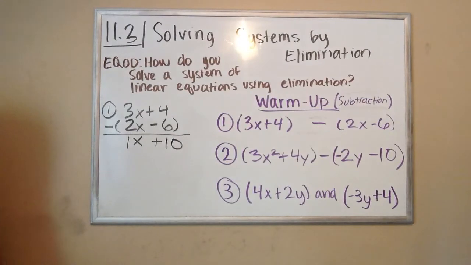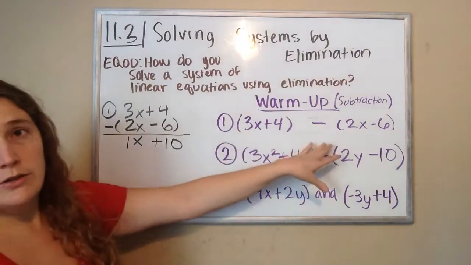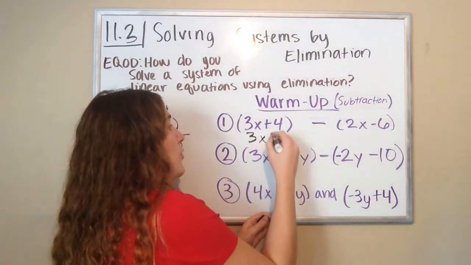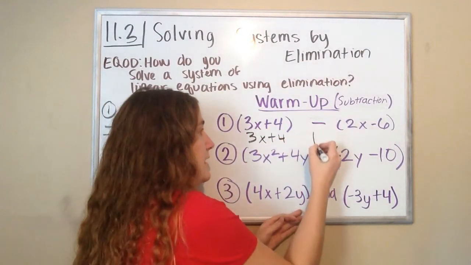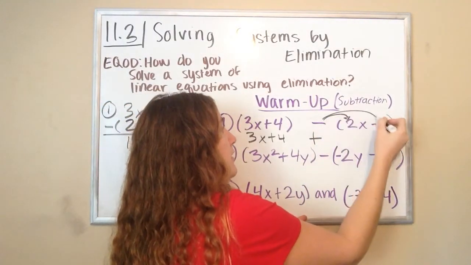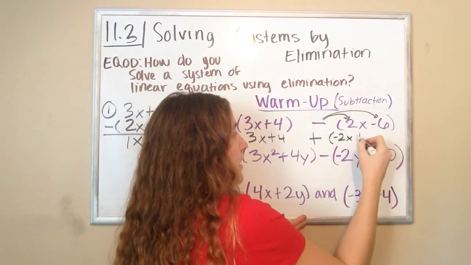Okay. I don't actually like to leave it as subtraction. I would much rather add. So this is what I do. Before I even start this process, I'm going to change this into an addition problem. So I get 3x plus 4. That just stays the same, but I want this to be addition. What that means is I have to distribute out the negative sign, and I would get negative 2x and a plus 6.